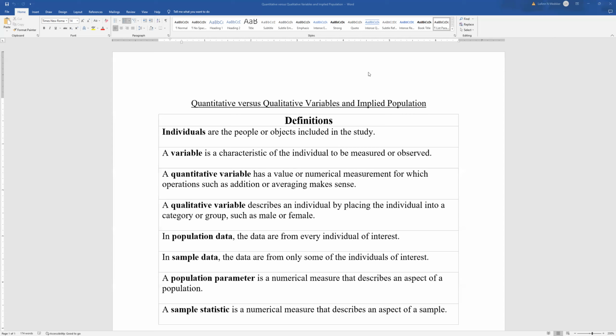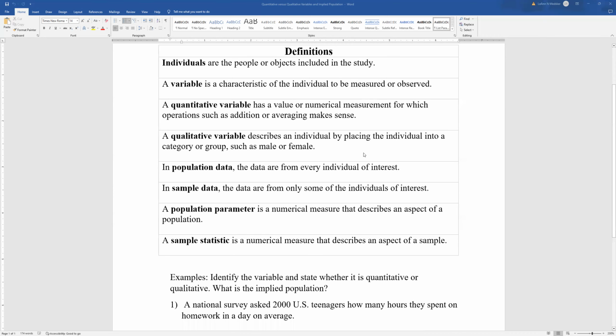We call it a parameter when we have all of the data from the entire population in our calculation, so it's a numerical measure that describes an aspect of the population. If we're doing the average but only of a sample, remember, only some of the individuals of interest, then we call it a statistic. A sample statistic is a numerical measure that describes an aspect of a sample.